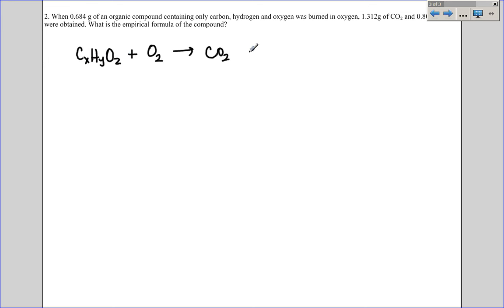And using the combustion chamber, we're able to determine the amount of carbon dioxide and water that's produced. The amount of carbon dioxide in this case is 1.312 grams, and the amount of water that was produced in this reaction is 0.805 grams. The initial sample that I burned was 0.684.